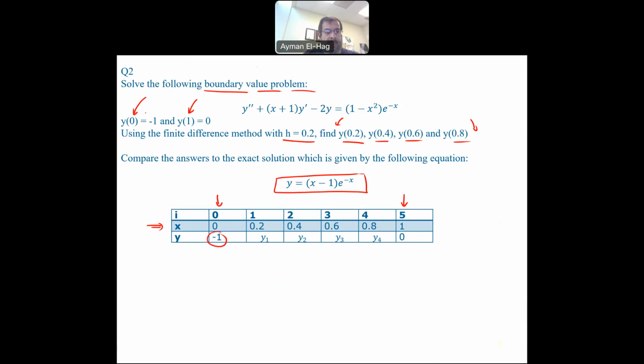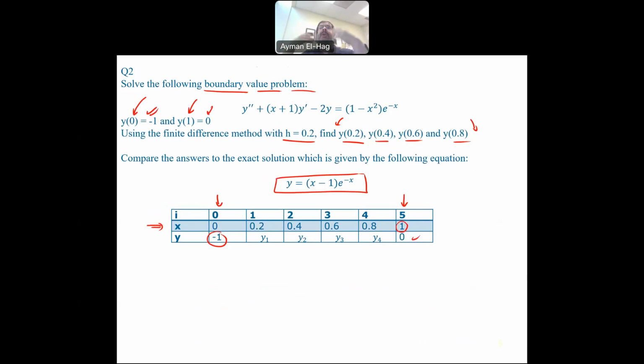So we know the value is equal to minus 1, and at the end, x5, we know the value is equal to 0. So we know the two extremes. What we don't know is the function y at 0.2, 0.4, 0.6, 0.8. So for these x values, what are the values of y? We don't basically know.